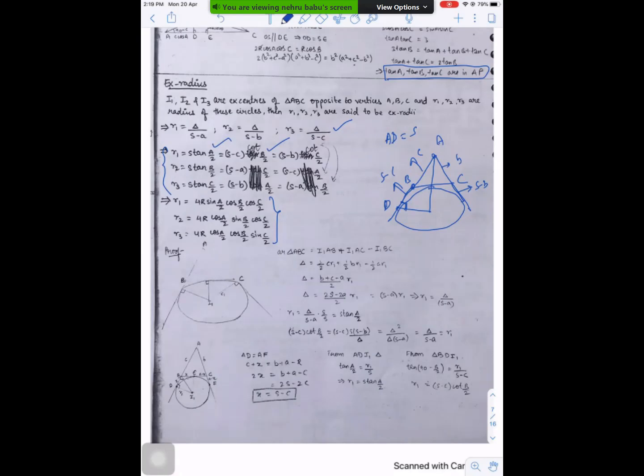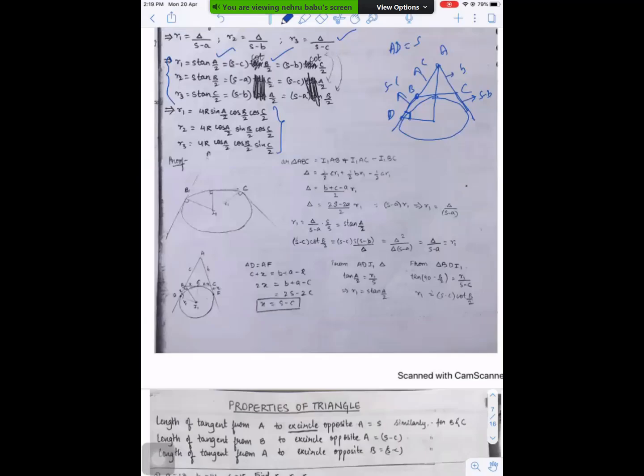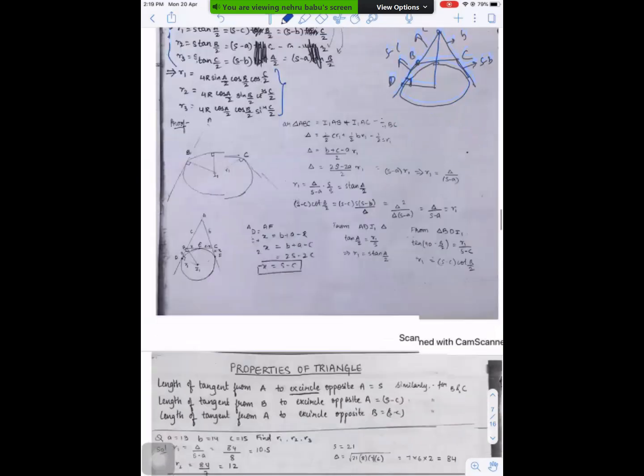This proves R1 equal to s tan A by 2 and R1 equal to delta by s minus a. So the length of tangent from A to the excircle opposite to A equals s. Next, the length of tangent from B to the excircle opposite to A is s minus c.